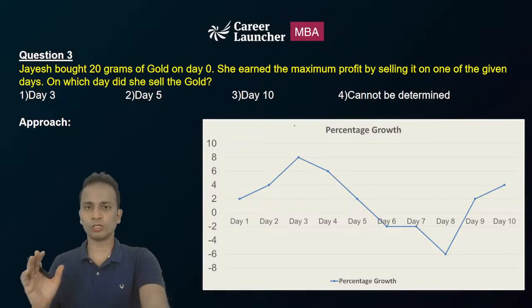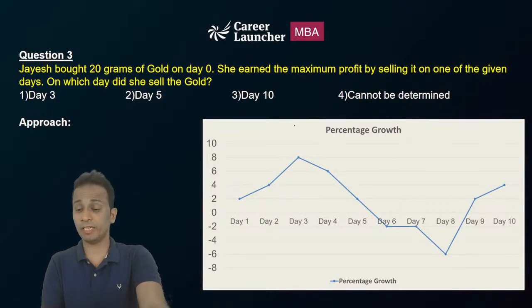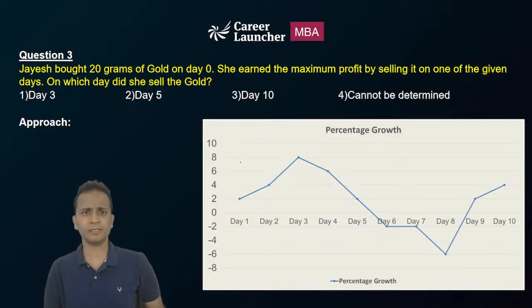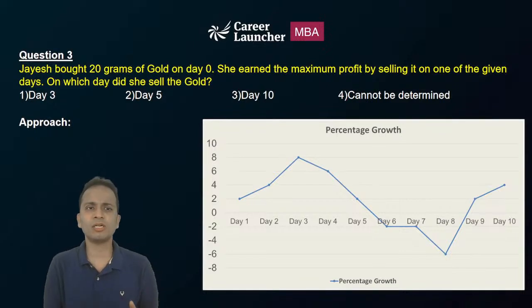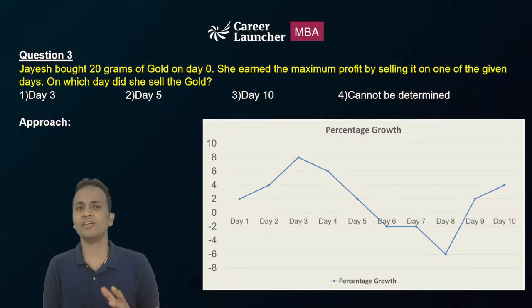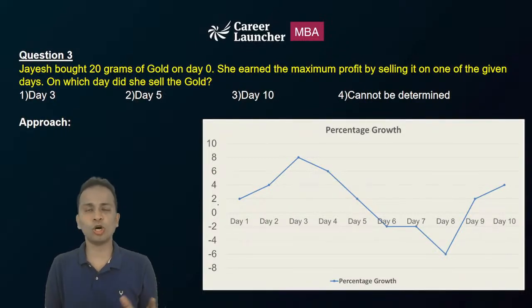Fine. Now, all of you focus and concentrate on whatever I'm explaining. This is a crucial thing to understand, a very important thing. Now, the person bought whatever grams. I am not bothered about the quantity of gold that he or she is buying. The person bought it on day 0, right? What was the price of gold on that day?